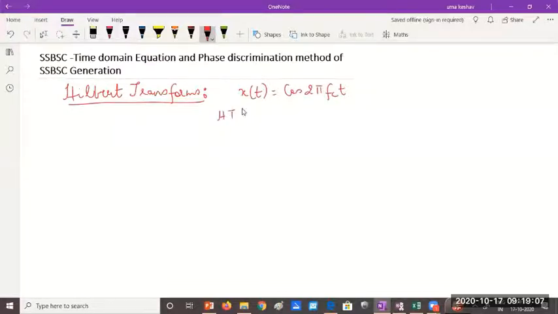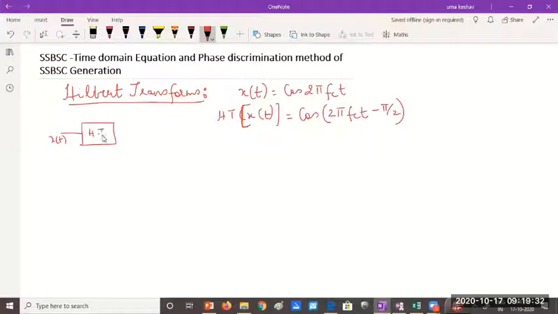Then the Hilbert transform of this signal x of t would be the 90-degree out of phase version of this: cos of 2 pi fct minus pi by 2, a minus 90 degrees. So given any signal x of t, you pass it through a circuit known as a Hilbert transformer, and you get a signal which is 90 degrees out of phase with this signal. So this is basically a 90-degree phase shifting network, and usually it is a phase lag which we give.